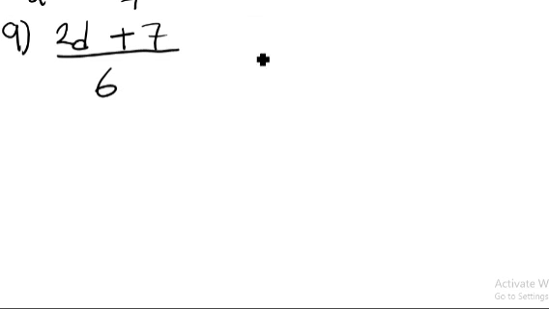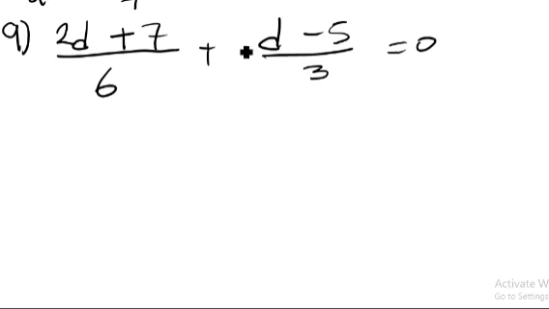Let's go to example 9. I have (2d plus 7) all over 6 plus (d minus 5) all over 3 equal to 0. Solution.